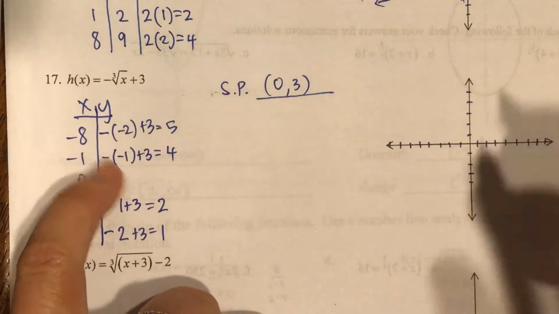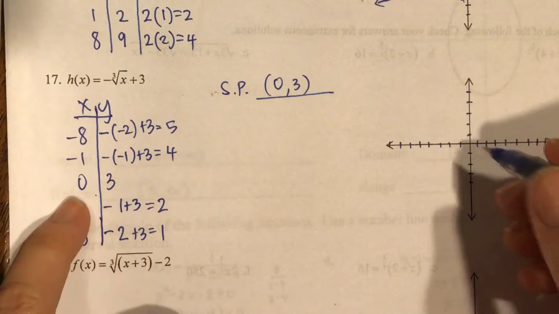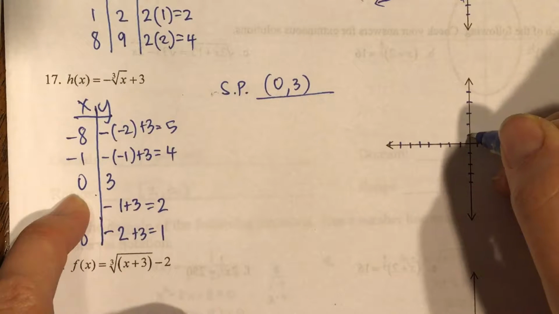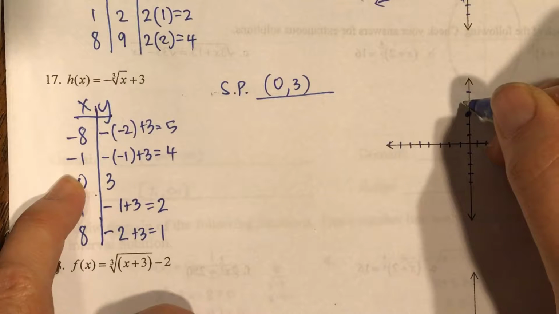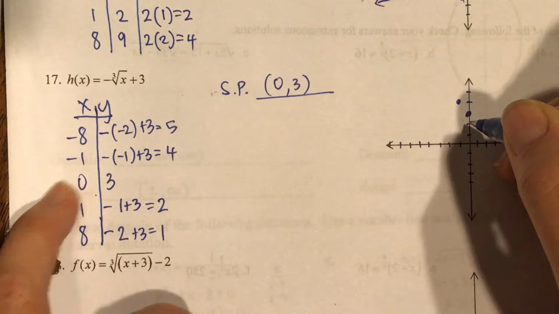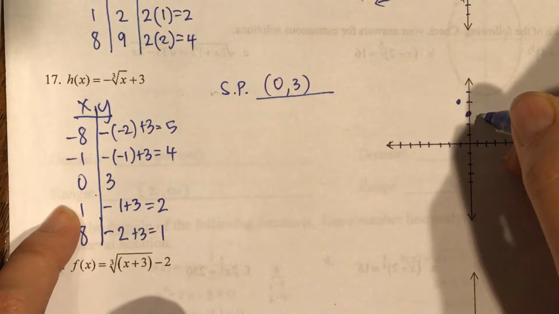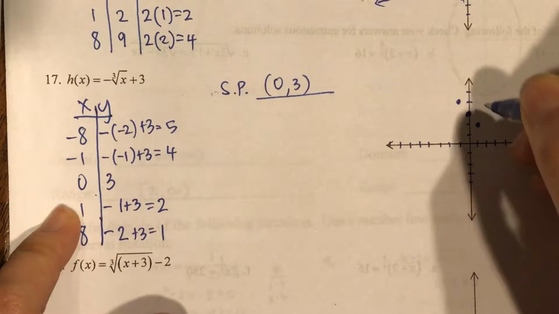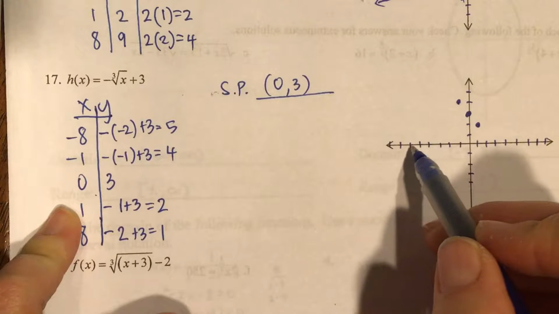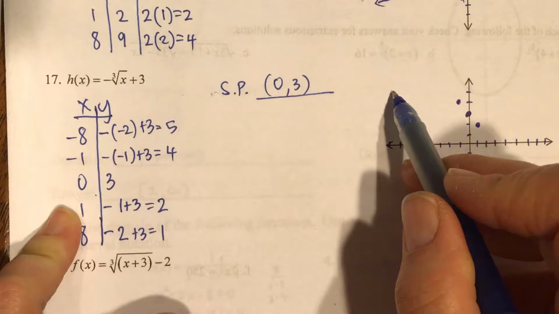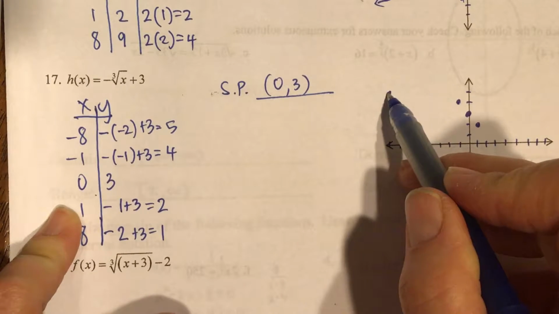Okay, so negative 8. You know what? I'm going to start at 0, 3. And then I'm going to go negative 1, 4 is here. I'm going to go positive 1, 2. I'm going to go 1, 2, 3, 4, 5, 6, 7, 8 up here to 5.